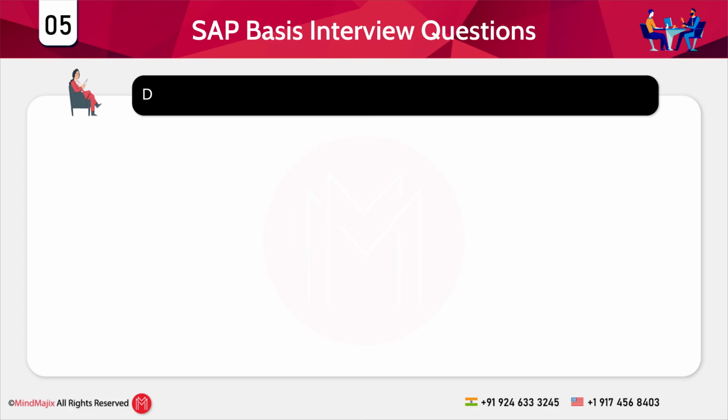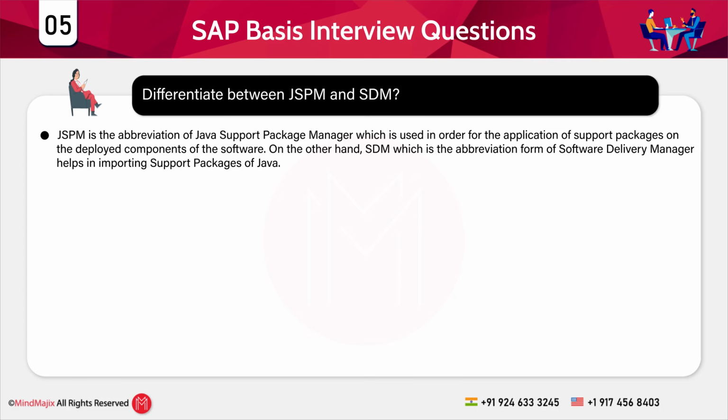The next question is differentiate between JSPM and SDM. JSPM is the abbreviation for Java Support Package Manager, which is used for the application of support packages on the deployed components of the software. Basically, JSPM is an important tool that helps in installation of the packages and also the components.